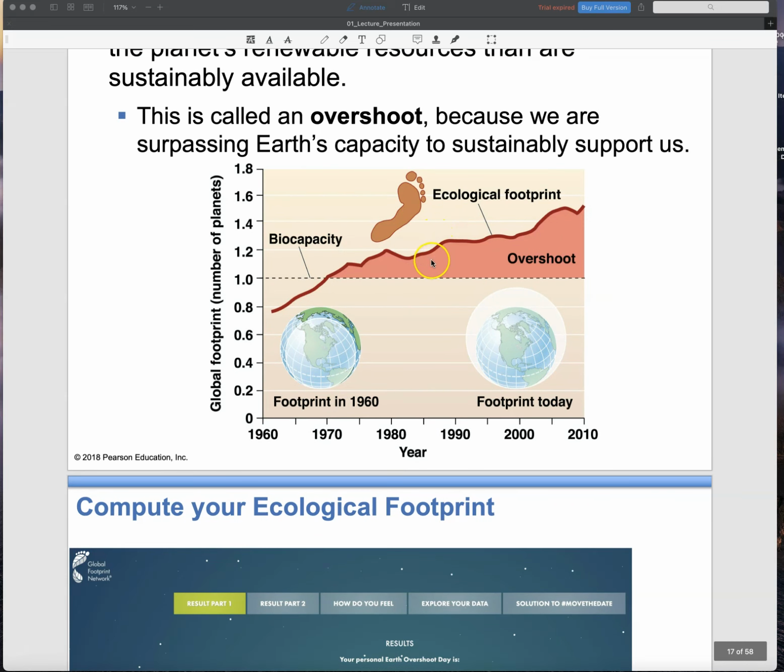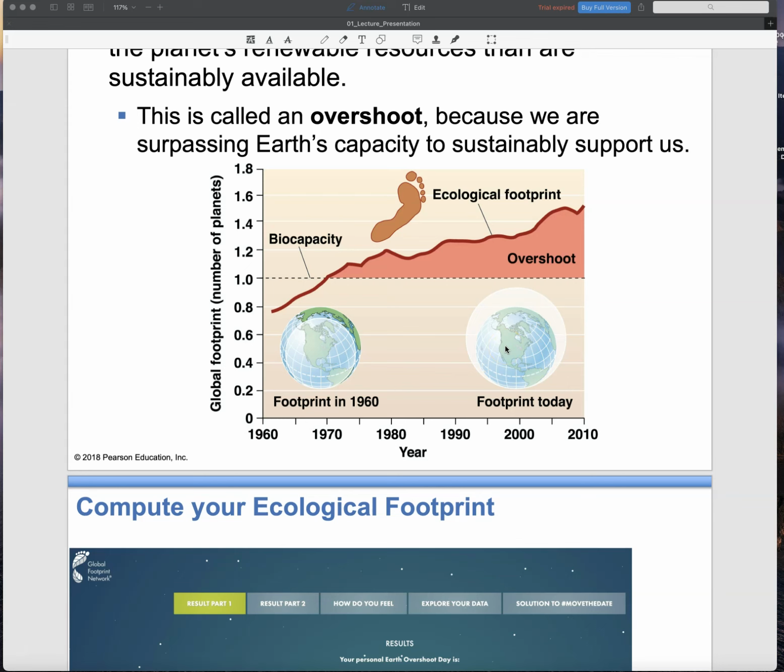Okay, as I mentioned at that time, we are overshooting today our resources. So today we are consuming our resources thinking that we have an actual planet of this size. What you have in the background is the actual size of our planet.